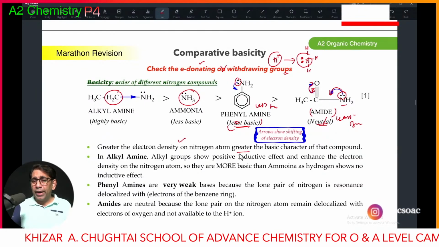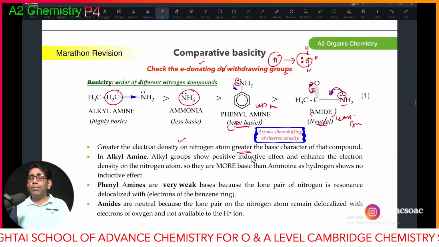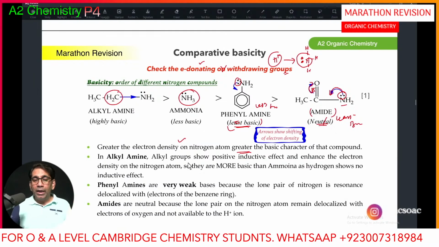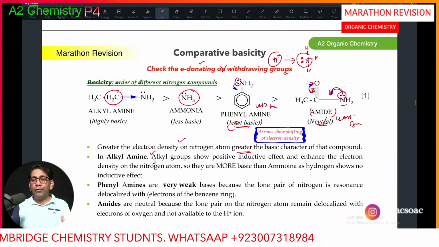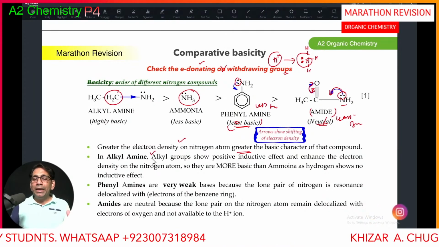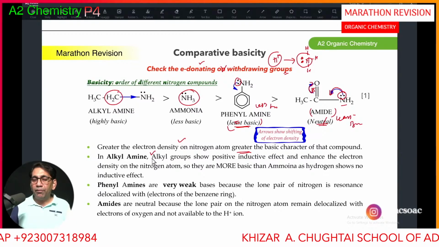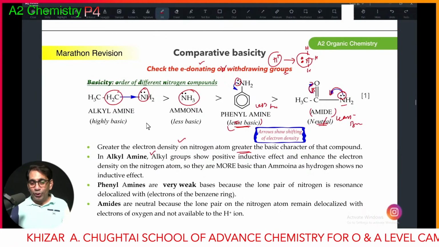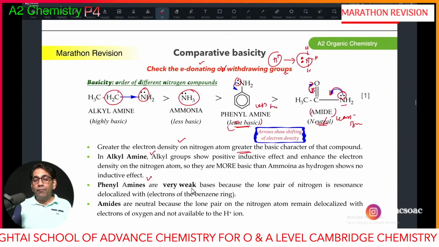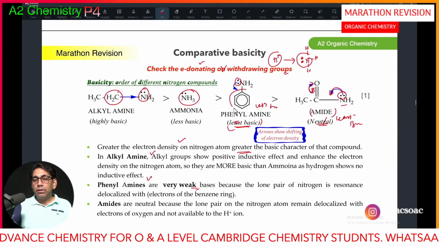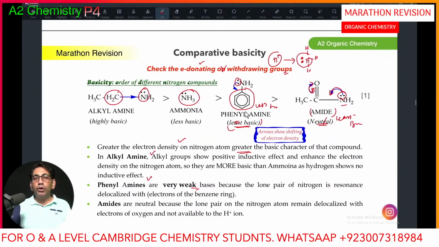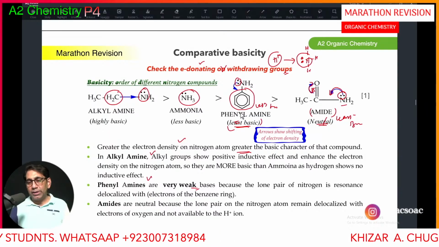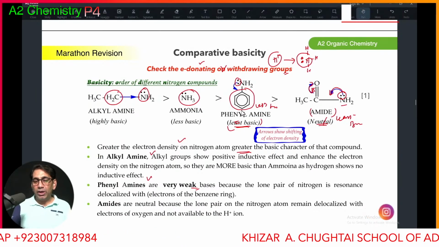The greater the electron density on the nitrogen atom, the stronger the base that compound will be. The more basic character will be there. Like alkyl amines are the stronger one, there is positive inductive effect. Due to positive inductive effect, there is more electron density on the nitrogen atom. Phenylamines are weak bases because this lone pair is being used by this benzene by resonance effect, by delocalization of electron.